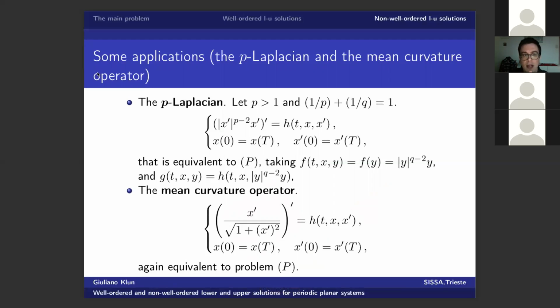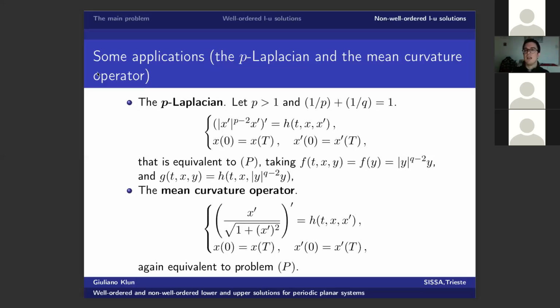Both of these problems, that read as in this form or in the second form, can be, by a suitable position, rewritten to be equivalent to P. The first, for example, it's sufficient to choose f of t, x, and y to be |y| to the power q minus 2 times y, and automatically g to be taken as h of t, x and |y| to the power q minus 2 times y.